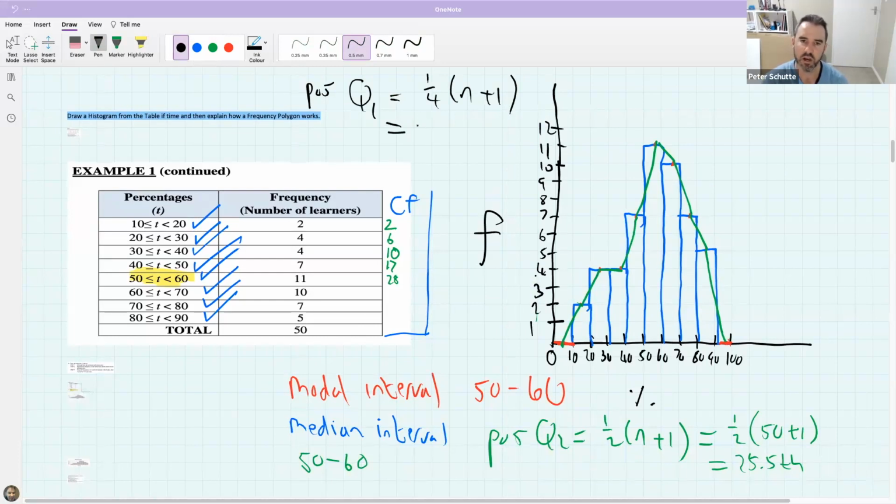So that would be 12.75. So the interval for the first quartile would be over here, between 40 and 50.